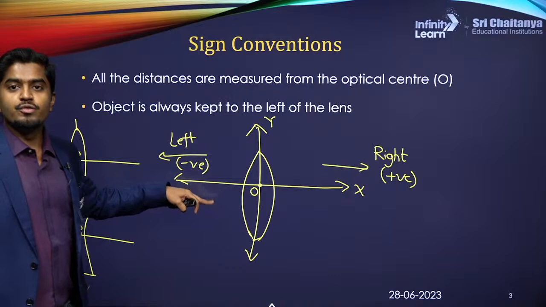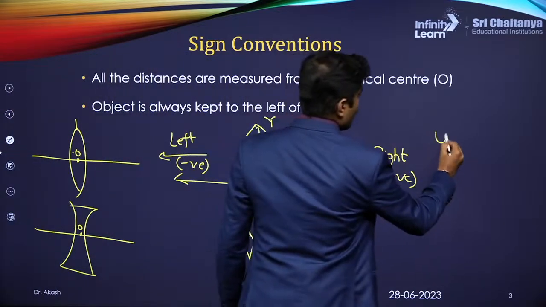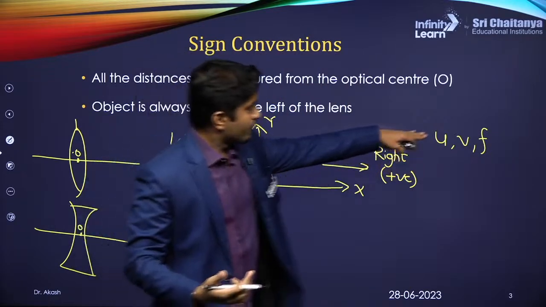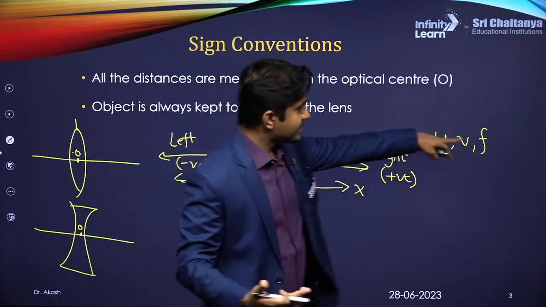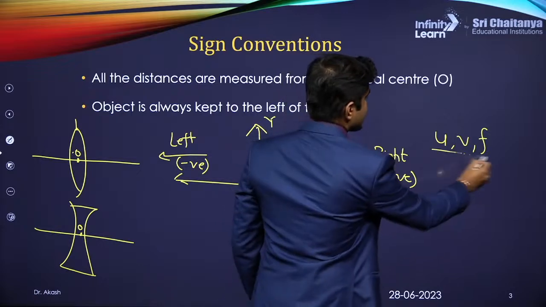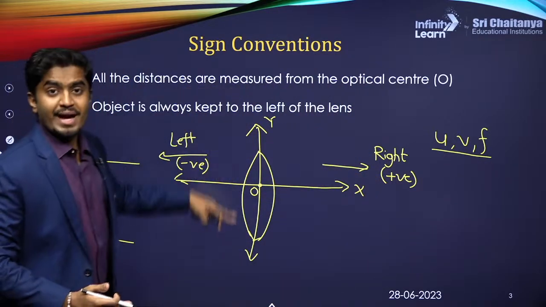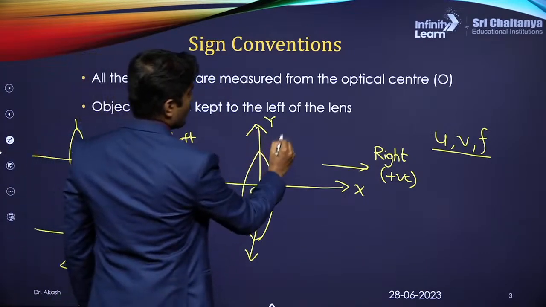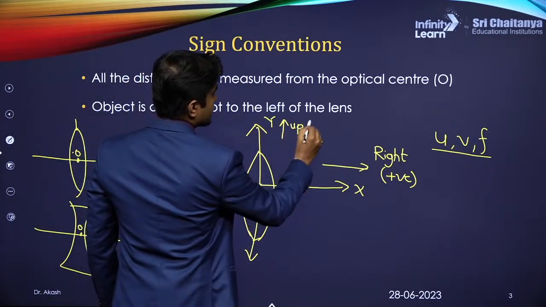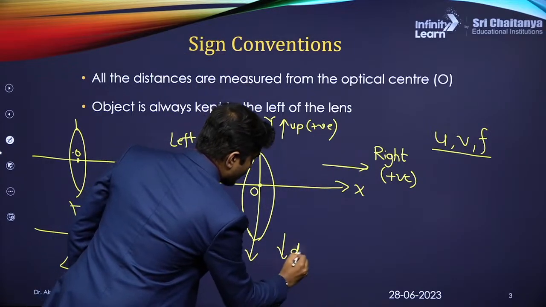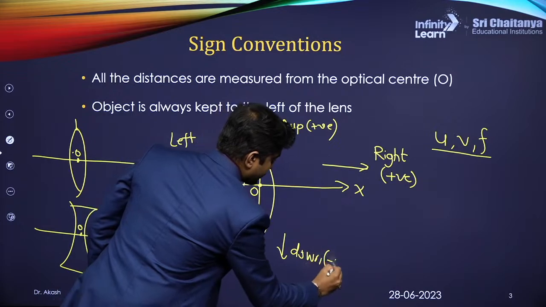So what do you measure along the x-axis? It can be u, v and f. U is the object distance, v is the image distance, f is the focal length. So these distances you measure along the x-axis. And what do you measure along the y-axis? Along the y-axis, if you go up it is positive and down would be negative.